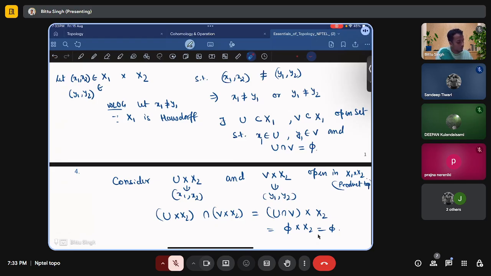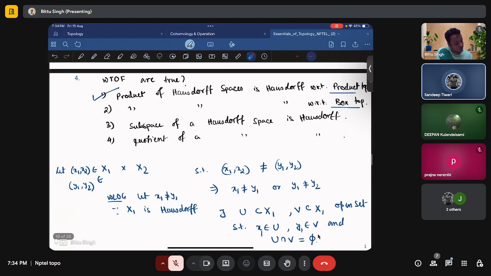If we consider the box topology, will those two sets be open in the box topology? Yes, sir, because in the box topology there is no restriction. Box topology means products of open sets. This is open and this is also open, X2 is also open in X2, so it is a product of open sets.